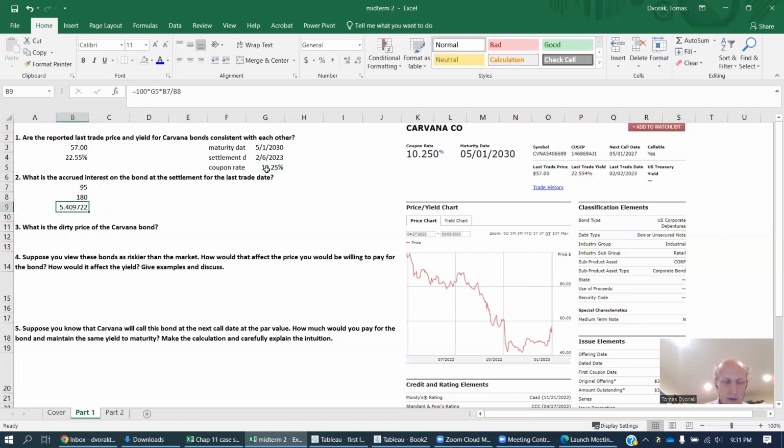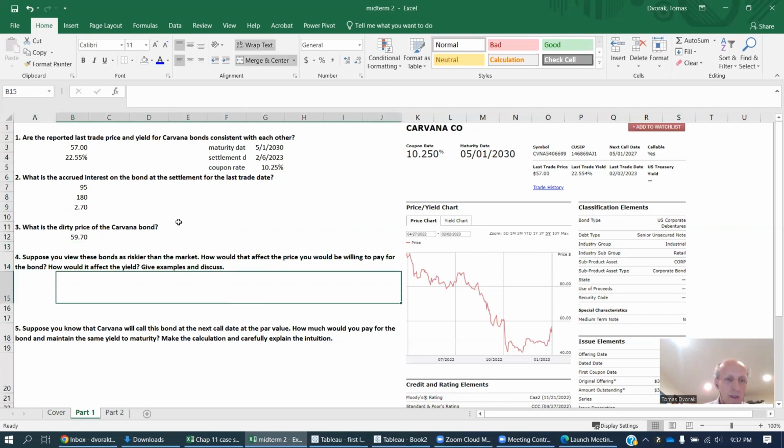And actually, since the coupon is an annual coupon, we only get half of that, so we have to divide that by half, and we see that the accrued interest is $2.70. All right. What is the dirty price of the Carvana bond? Well, it's the clean price plus the accrued interest, which is $59.70.